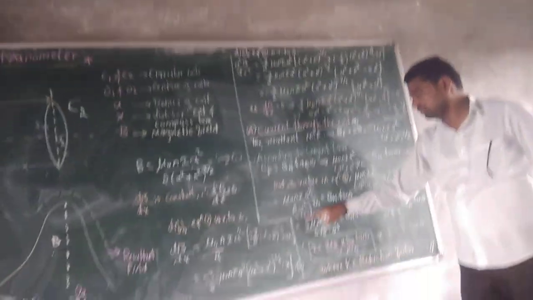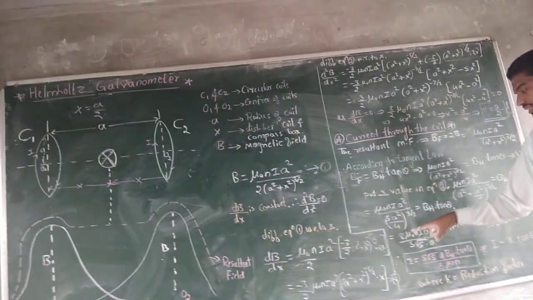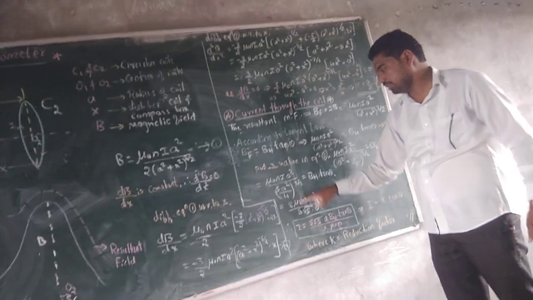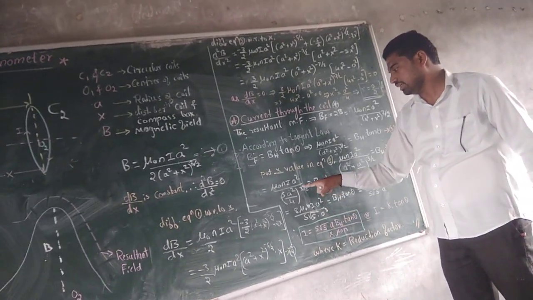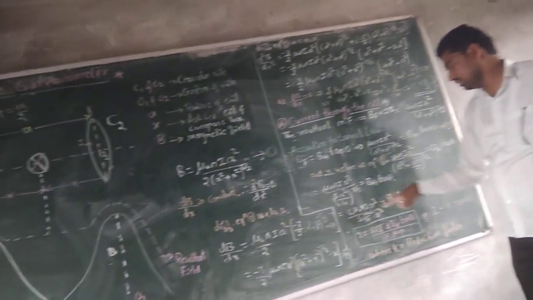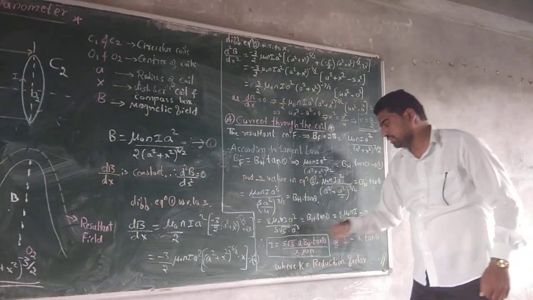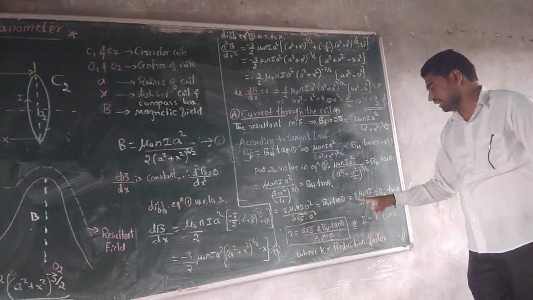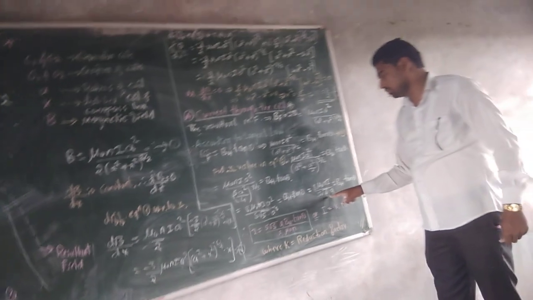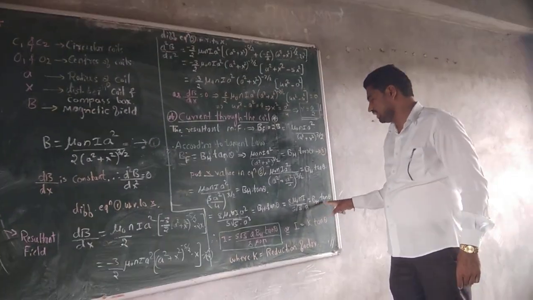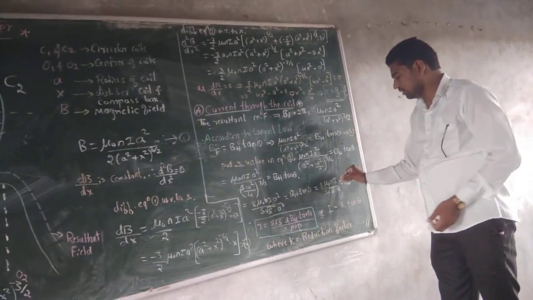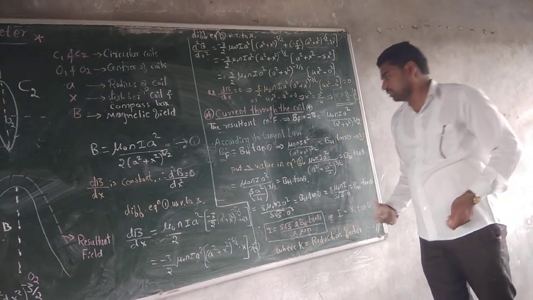Simplify this one: 4 to the power 3 by 2 comes to 8 in the numerator, that is 8 mu naught n I a square divided by 5 root 5 into a square. Cancel a square with a square, and the remaining term is 8 mu naught n I divided by 5 root 5 a, which is equal to BH into tan theta. Now find out the I value, because we have already found the magnetic field.